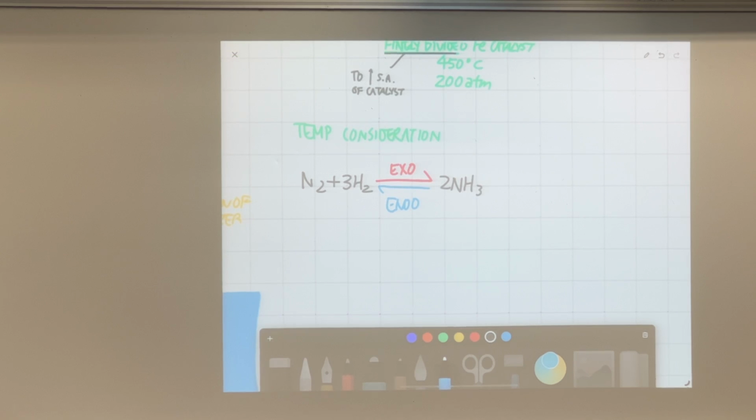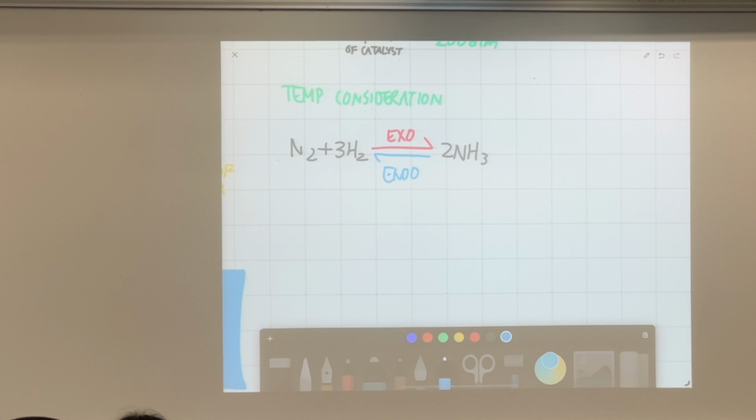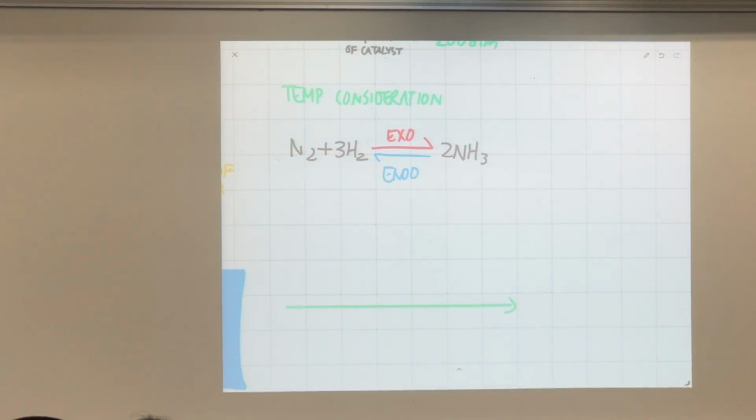Do you remember how we can shift the equilibrium by changing temperature? When we increase temperature, which reaction will be favored? We will favor endothermic. So you can put that too high a temperature will favor endo, which is not what we want. You see I included an arrow here.